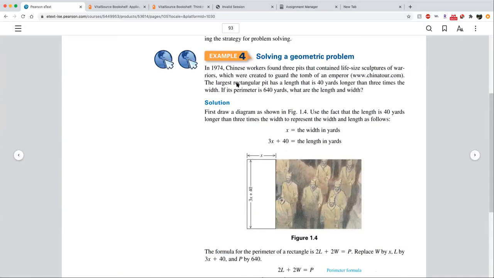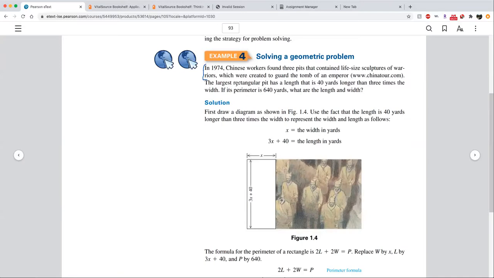Let's see. In 1974, Chinese workers found three pits that contained life-size sculptures of warriors, which were created to guard the tomb of the warrior emperor. The first sentence is kind of nothing, so the actual problem starts from the second sentence.